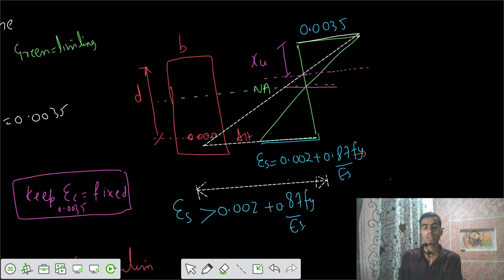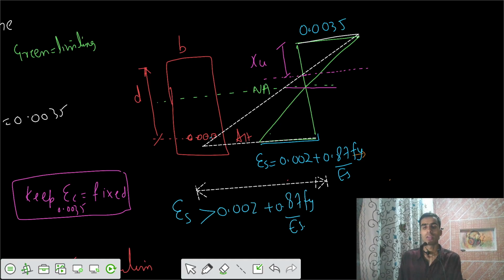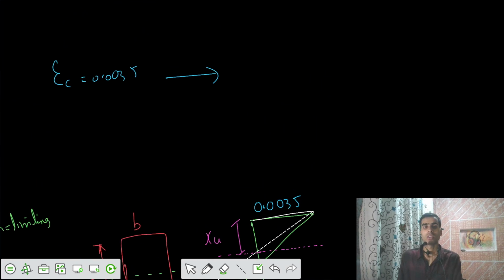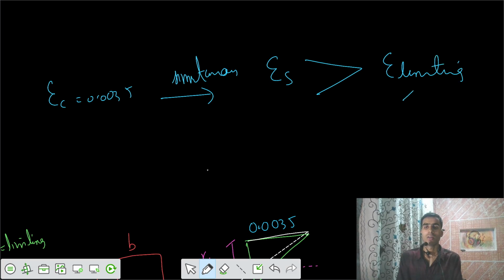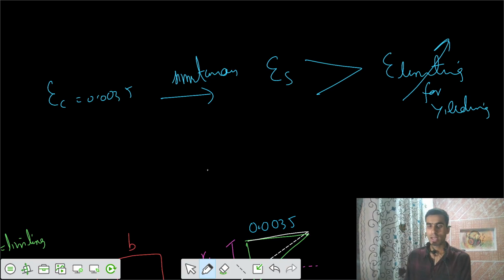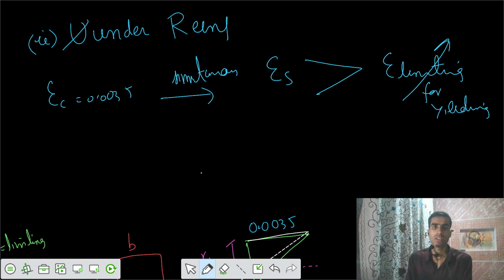It is more than the needed limiting condition for yielding. This is our second case, which we call an under reinforced section.